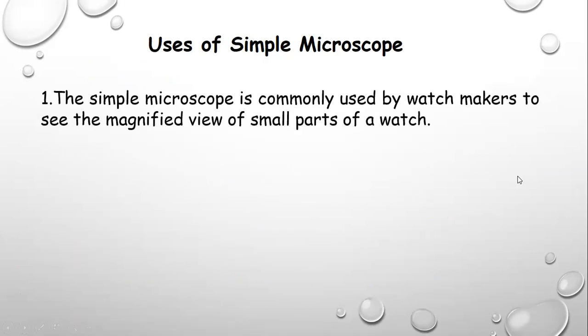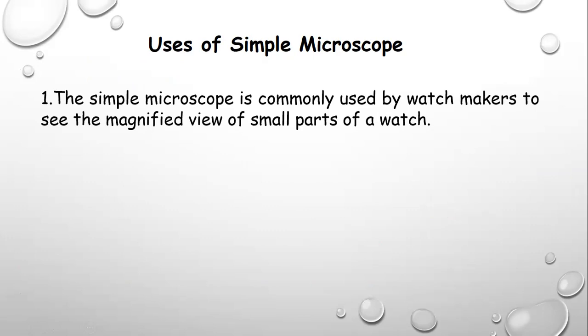Now, what are the uses of the simple microscope? I think some of the uses you have seen, the microscope or magnifying glass, maybe in your labs, maybe in your houses, and maybe you have seen the watchmakers using them.